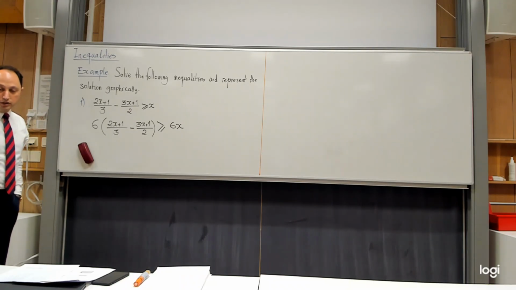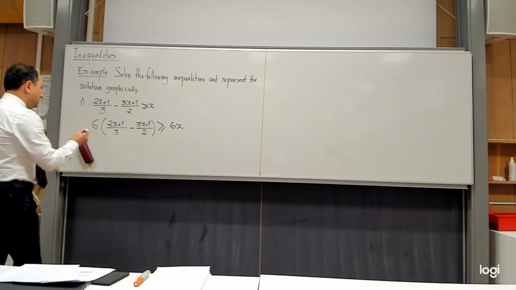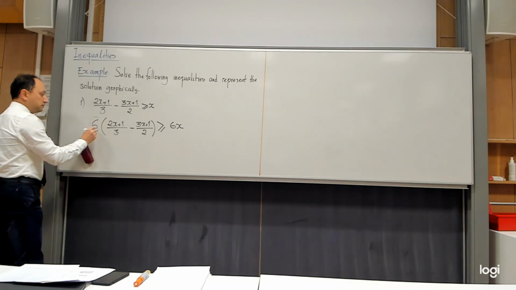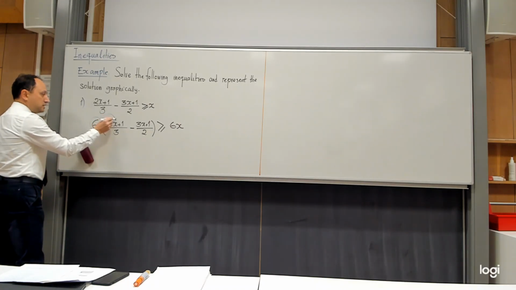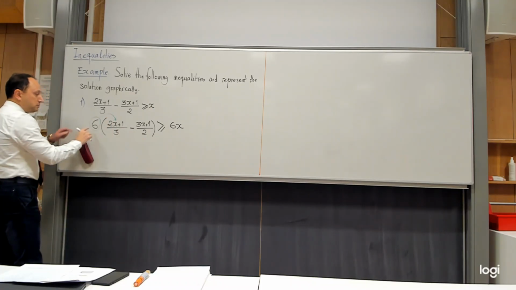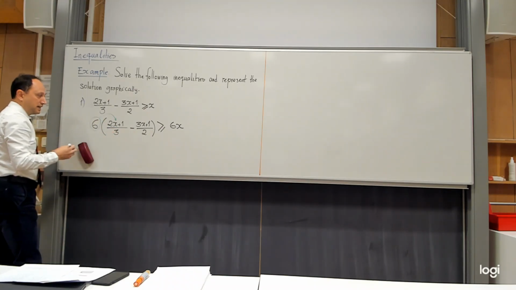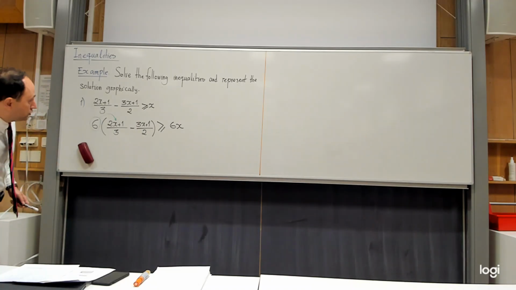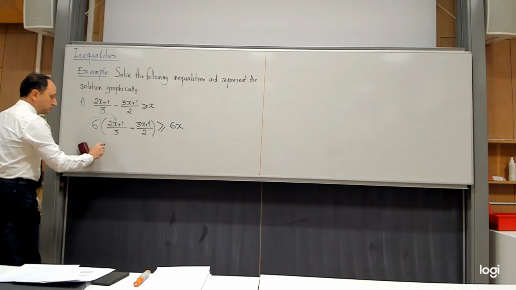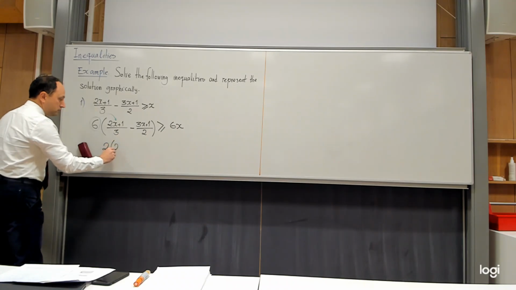But then what you need to learn is to take this 6 and multiply it into this fraction. But before multiplying and writing 12x plus 6, don't do that. In your head, divide 6 by 3, it becomes 2 times, and then you multiply 2 in the numerator. So it becomes 2 times 2x plus 1.